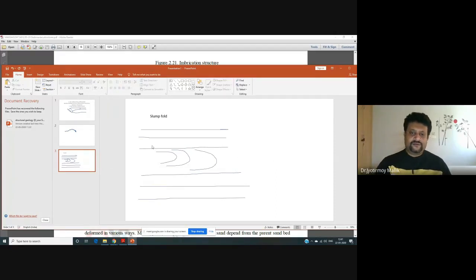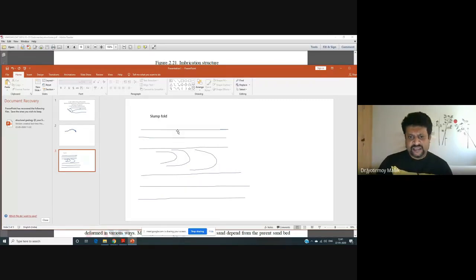So what you observe is that these folds, I don't know, you have been to this place called Seuni in Jabalpur when you were taken for the field trip, and I am sure you have been pointed out these slump folds. You can see beautiful exposures of slump folds, okay?